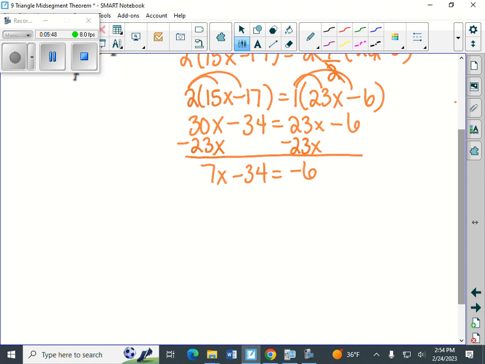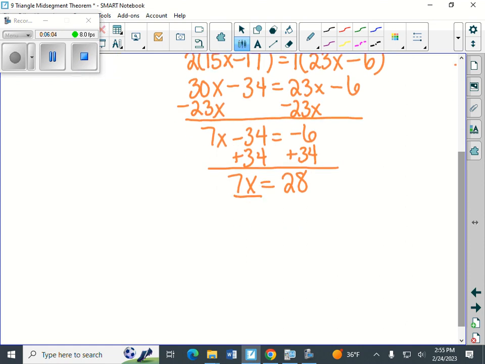So we'll move the 34 to the other side. And we get 7x equals 28, negative 6 plus 34. And then when we divide both sides by 7, x equals 4.